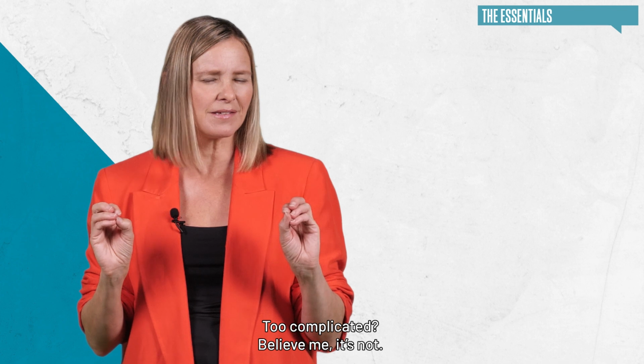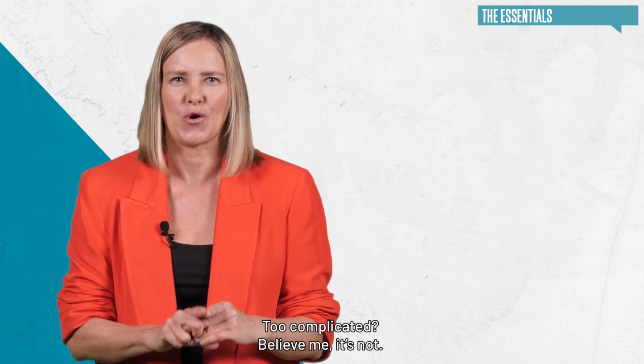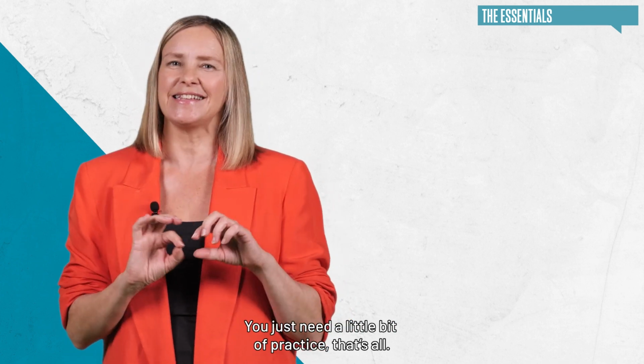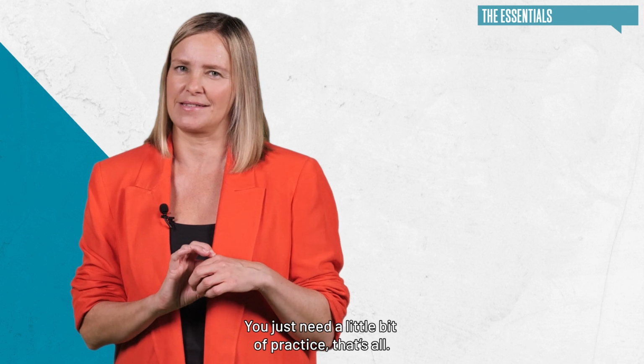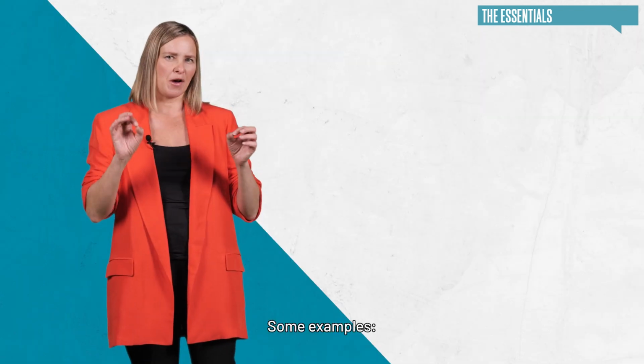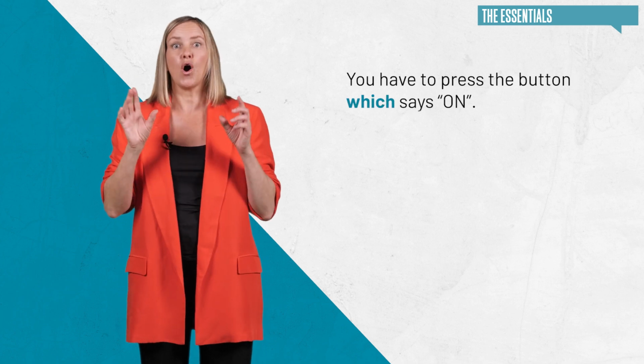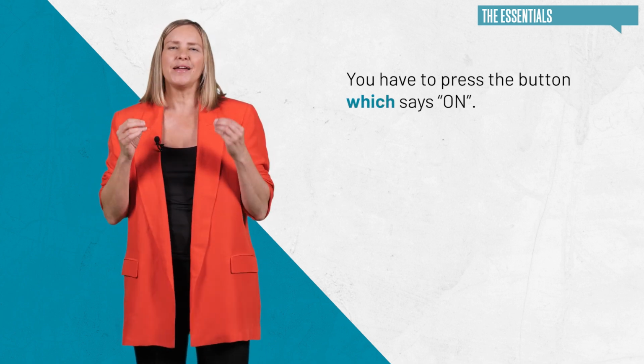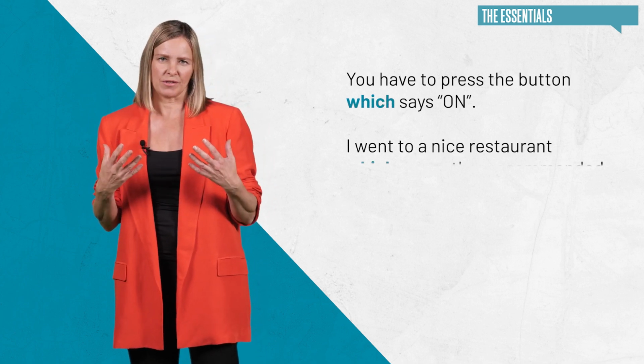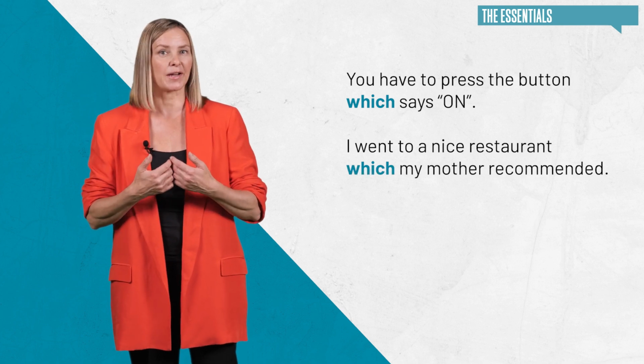Too complicated? Believe me, it's not. You just need a little bit of practice, that's all. Some examples. You have to press the button which says on. I went to a nice restaurant which my mother recommended.